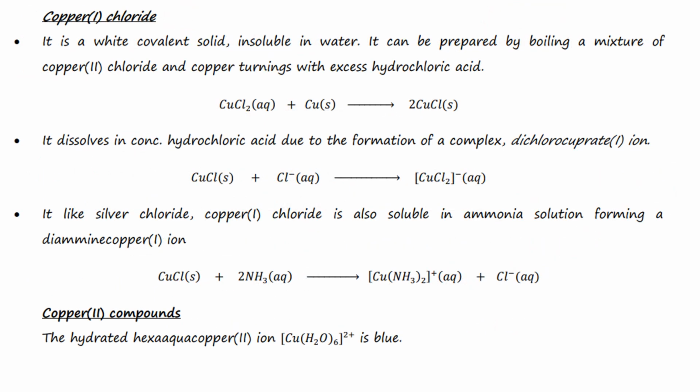So proceeding, we are going to be looking at copper 1 chloride. Copper 1 chloride is one of the reagents that can be used in the laboratory, but most of the compounds of copper in the oxidation state of +1 are going to be white.